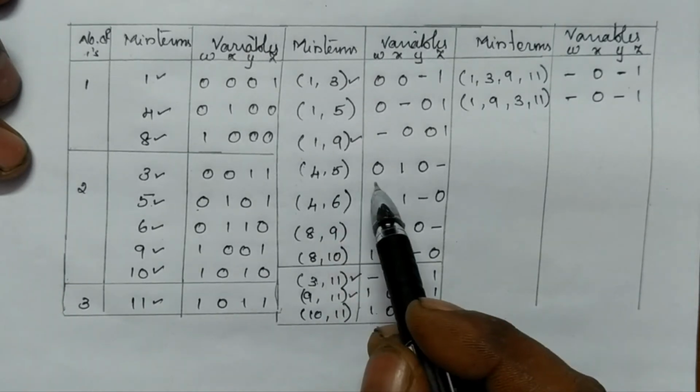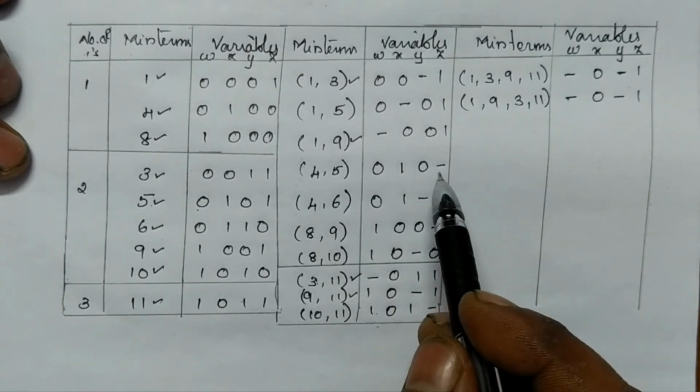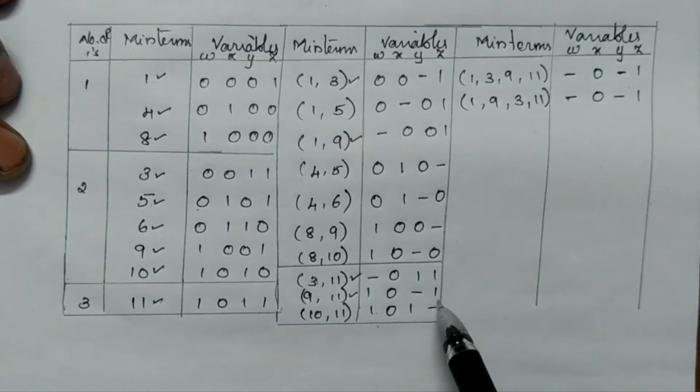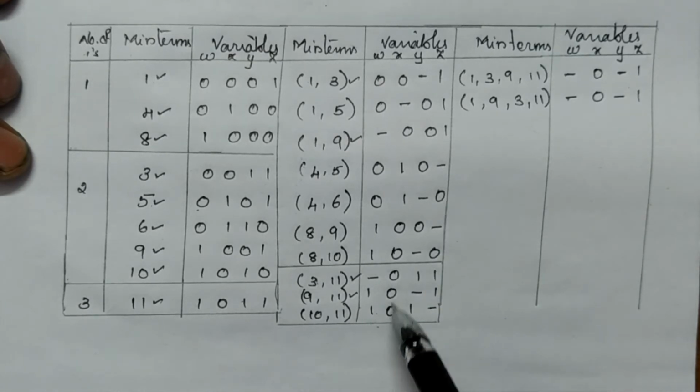Then the next term 4, 5. Here at the first position we are having the hyphen. So here in the last one we are having hyphen at the first position. Then we need to go for checking the 1 bit change. So first one 0 1 change, next one is also 0 1 change, third one also 0 1 change.